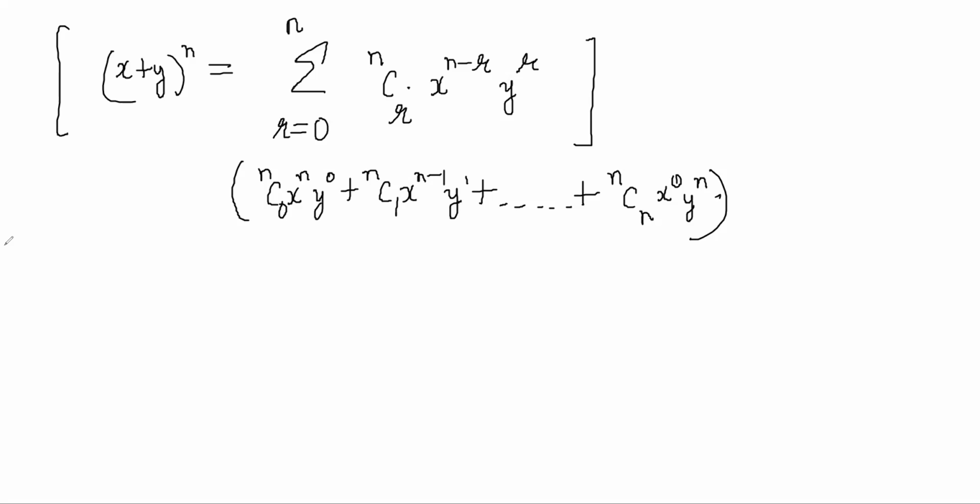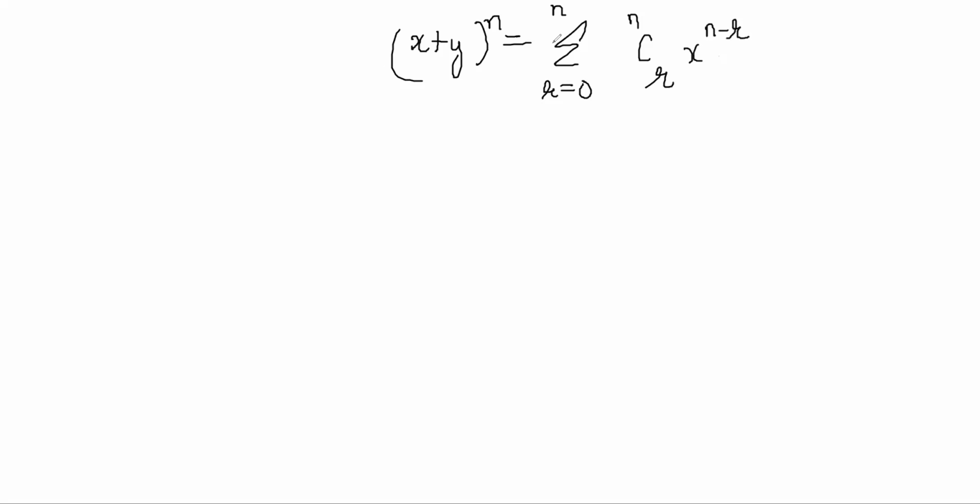Okay, so now that we know this expansion, we can start by solving some basic questions, some examples we'll do. So remember your binomial theorem expansion is this: summation r is equal to 0 to n, ncr x power n minus r, first term is x power n minus r and second term is y power r.